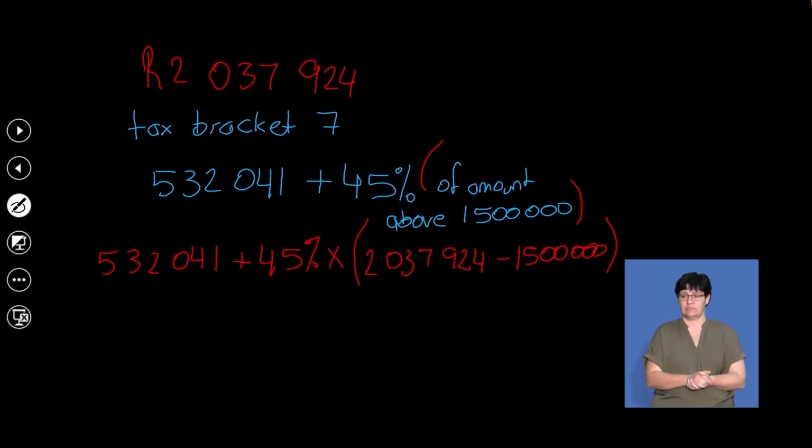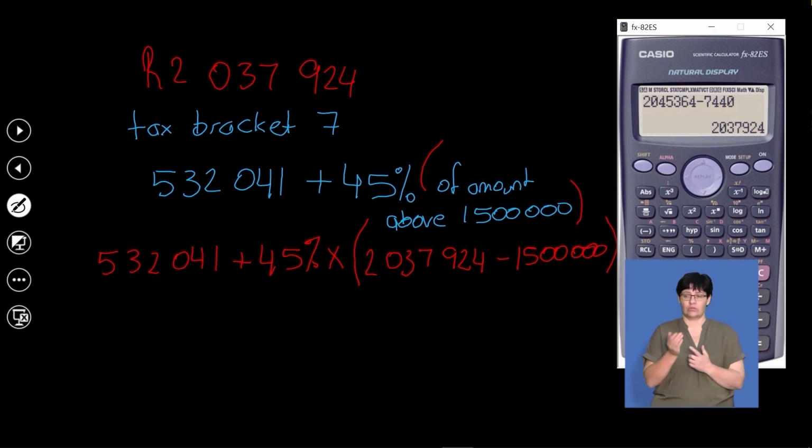So let's do this first. I will show you, but then I'm going to show you how to do it step by step so that we can do it on a 4-function calculator. So I'm typing this exactly as it is, checking as I go. So I'm adding 45% of, and then I'm opening a bracket, so I have a bracket on this calculator, 2,037,924 minus 1.5 million.